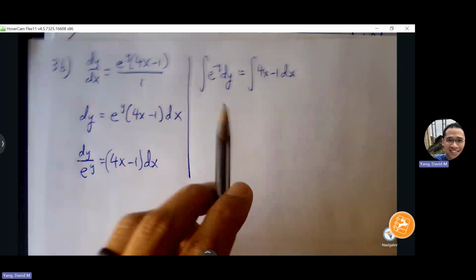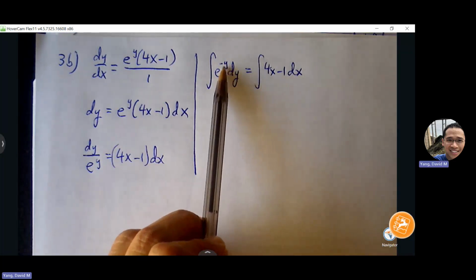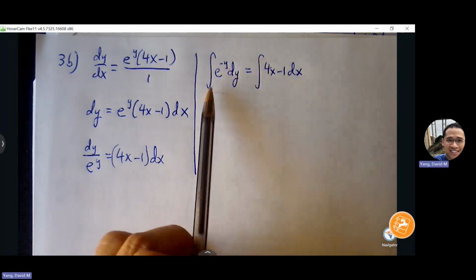A little bit of u substitution, but all the u substitution is going to do is make sure that we keep track of a negative 1. That's going to be part of our e to the u rule.